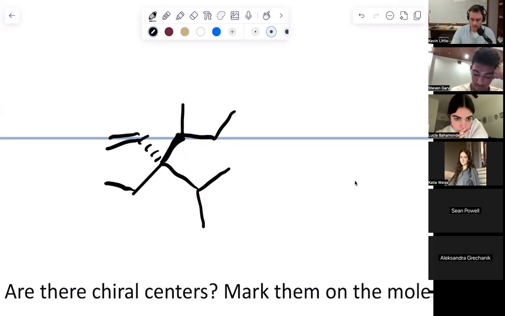So the first question is, I'm going to start with my chiral center and I'm going to go one atom away. That's a carbon. That's a carbon. That's a carbon. That's a carbon. They're all tied so far.